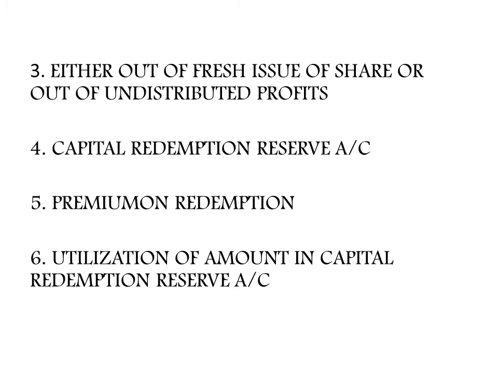What it says: when redeemed out of undistributed profits, an amount equal to the face value of the preference shares redeemed out of undistributed profits will be transferred to the capital redemption reserve account. So it says that we have to create one more account, and in that account we have to transfer certain amounts.